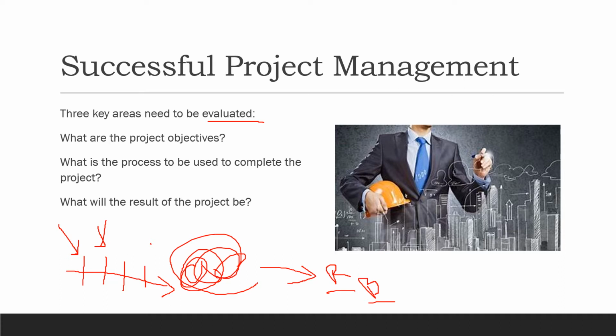So you have to know the predicted results, based on your past data, current data, and future predicted data. You have to think about all of that for your project to be successful.